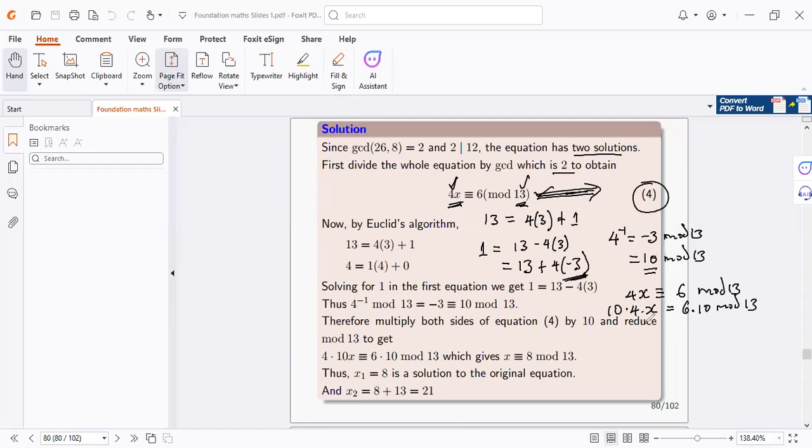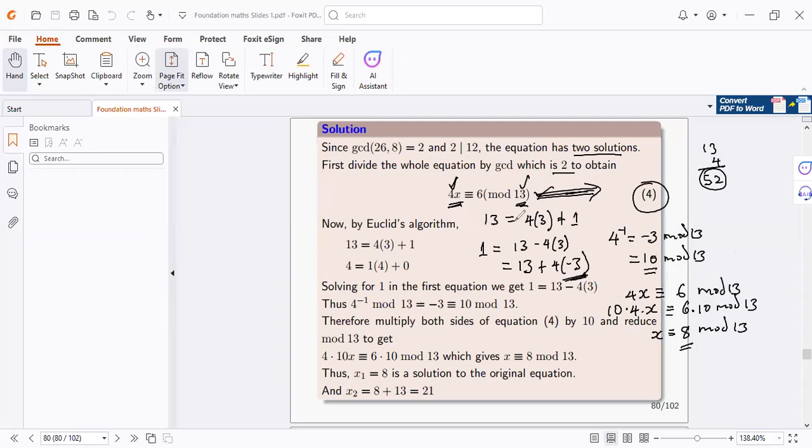So 10 times its inverse would be 1. Then times x, that'll give me x. And this is 60 mod 13. I'm asking myself, if 13 were to go into 60, what will be the remainder? I'll get a remainder of 8, because 13 times 4 will be 52. So 13 will go into 60 4 times, and the remainder will be 8.